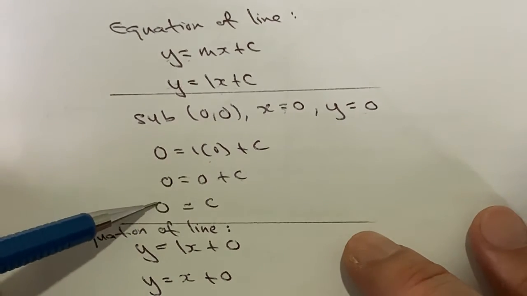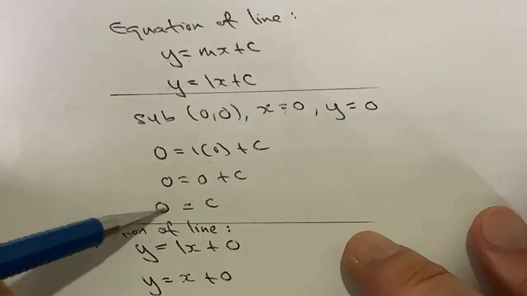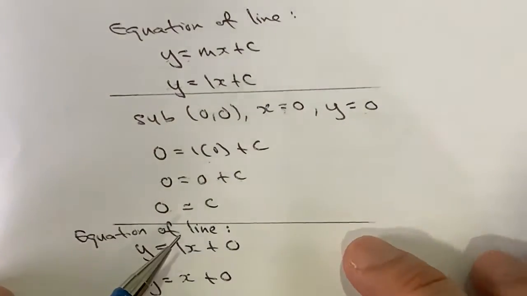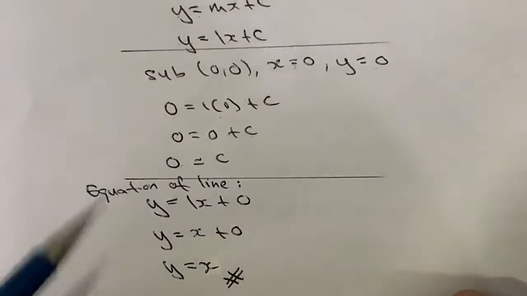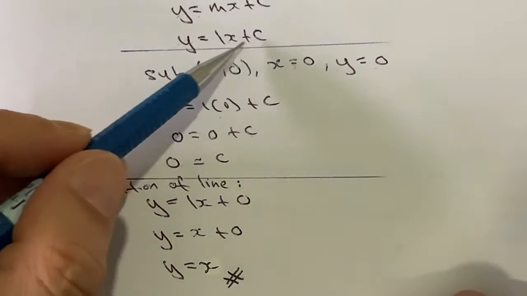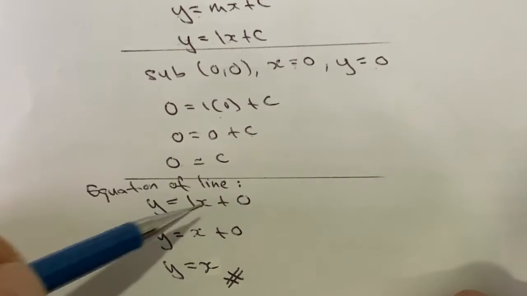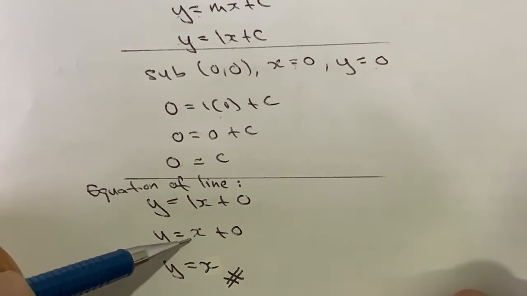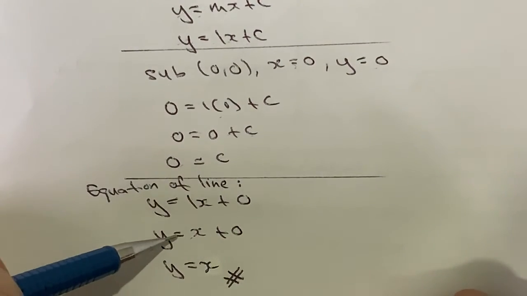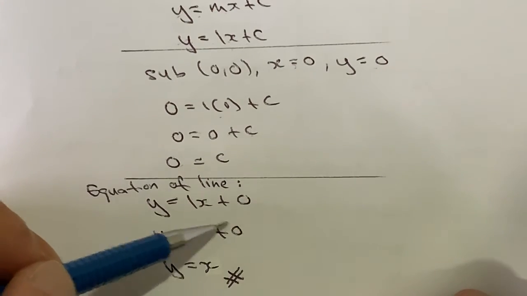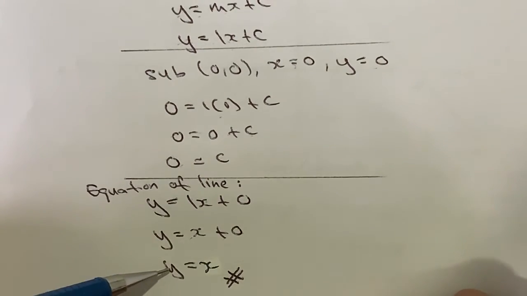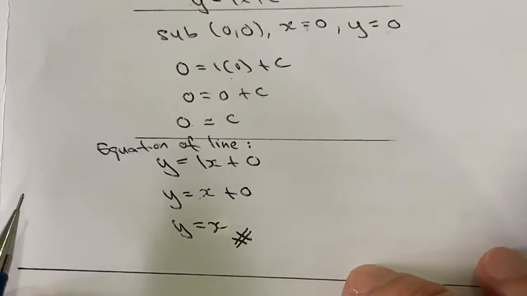So c is 0. So y equals to 1x plus the c is now 0. So 1 times x is x, so y equals to x plus 0. So plus 0 you can remove it, you will have y equals to x as the equation of the line.